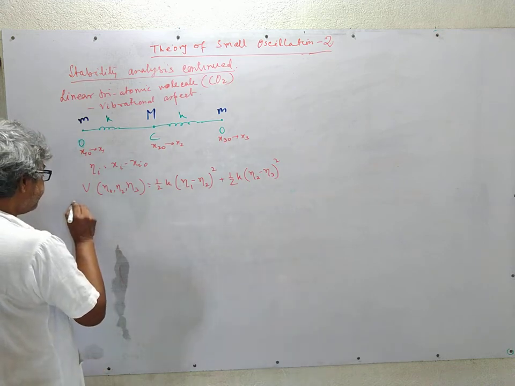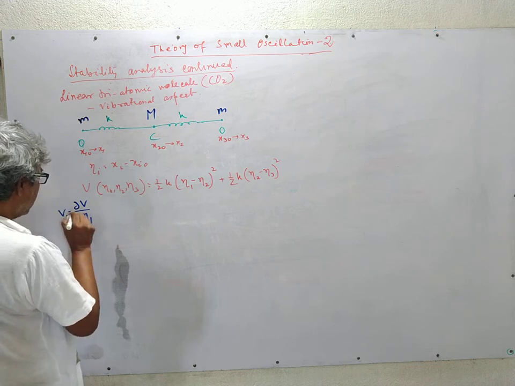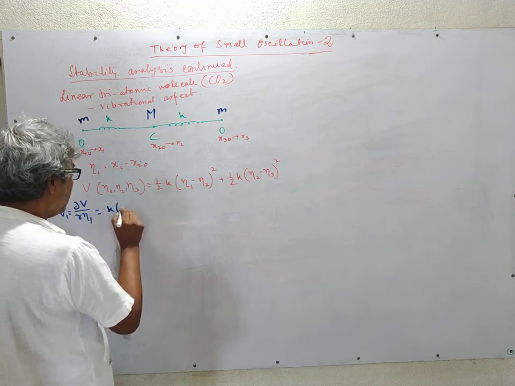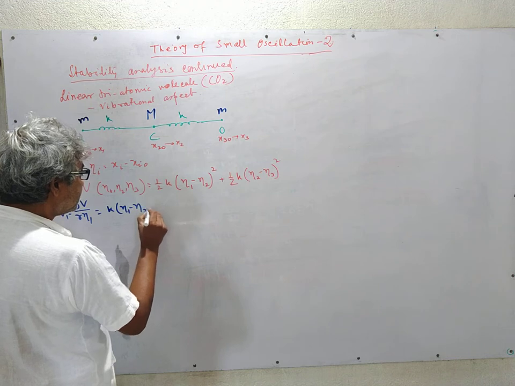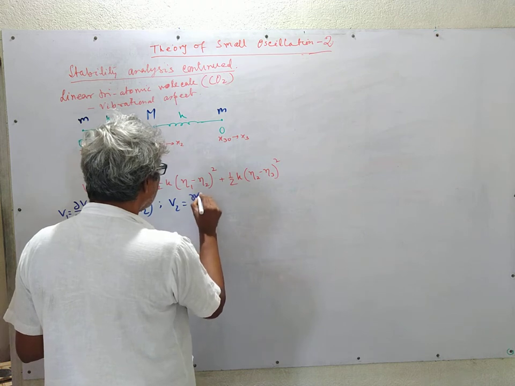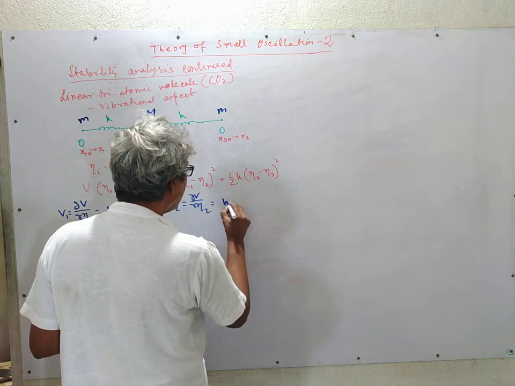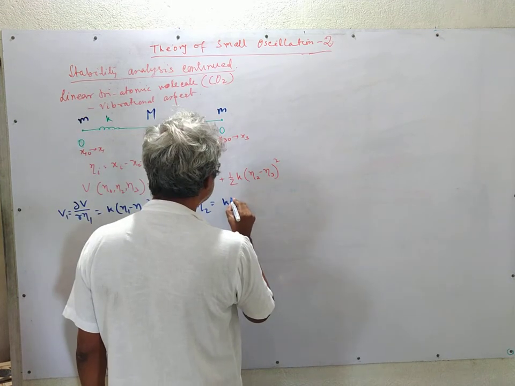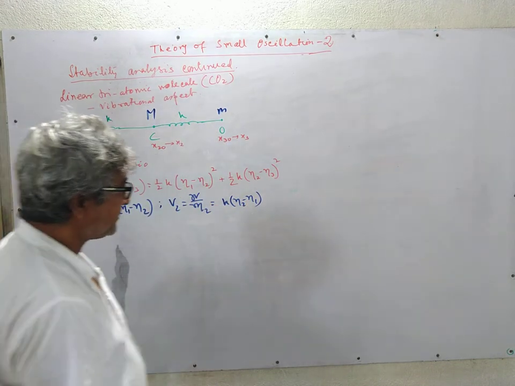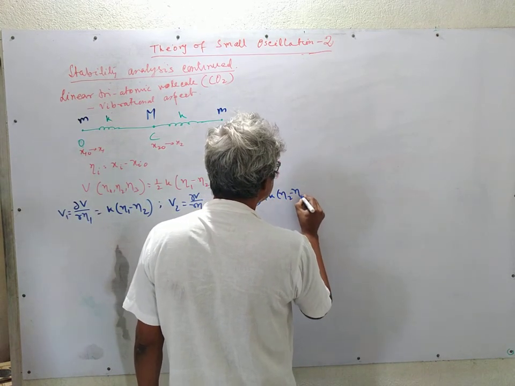Firstly, our aim is to find the equilibrium point, that is the stationary points. So we find del V del eta 1, which is V1 in our notation. This is k eta 1 minus eta 2. Then V2 is equal to del V del eta 2. This is k eta 2 minus eta 1, because there will be a minus sign, plus k eta 2 minus eta 3.